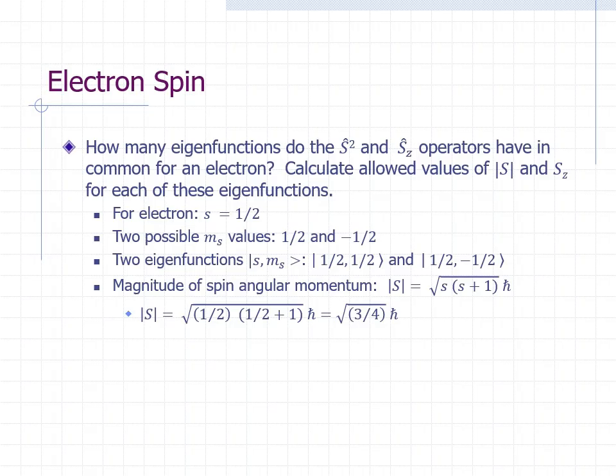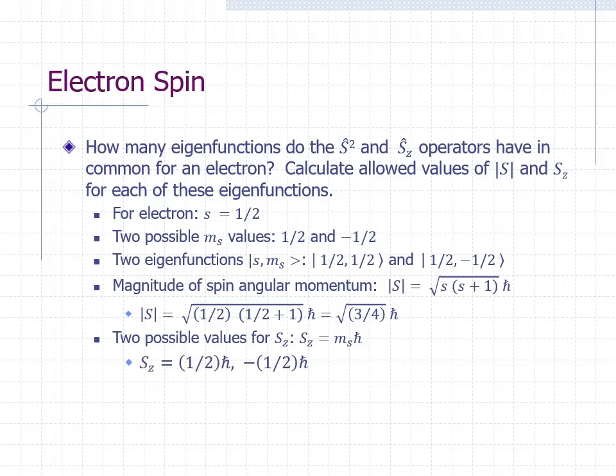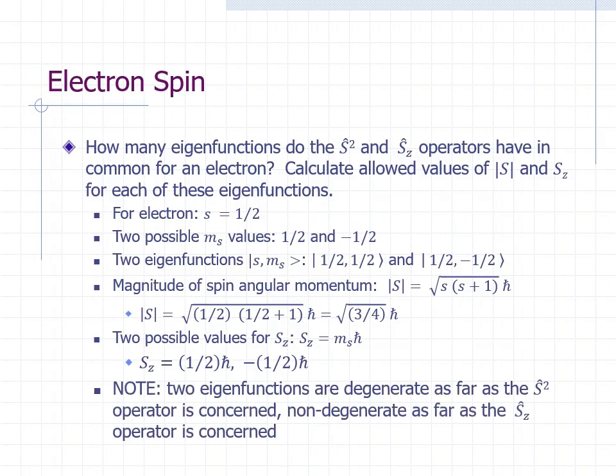The z component of the spin angular momentum is m sub s times h bar. Therefore, there are two possible values of the z component of an electron's spin angular momentum, 1/2 h bar and negative 1/2 h bar. Note that the two eigenfunctions are degenerate as far as the S squared operator is concerned, non-degenerate as far as the S sub z operator is concerned. They represent two spin states that have the same magnitude but different z components.